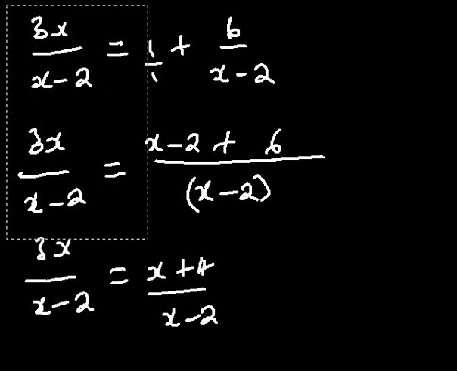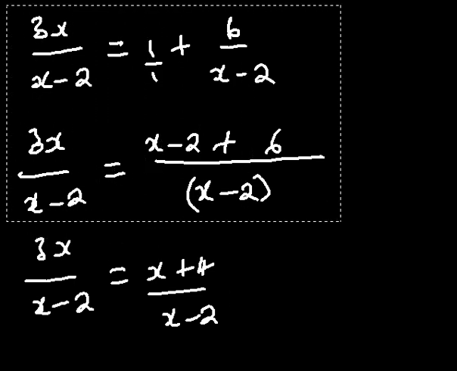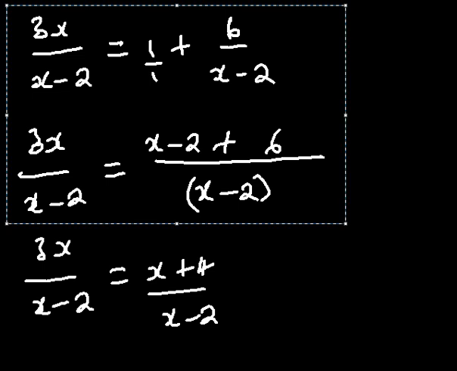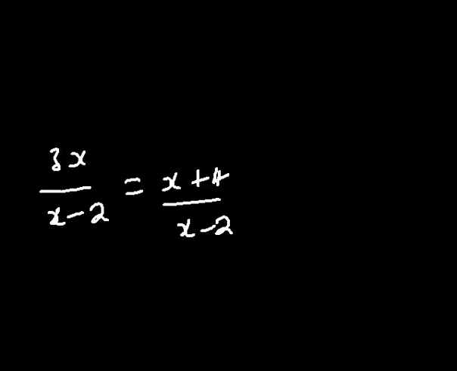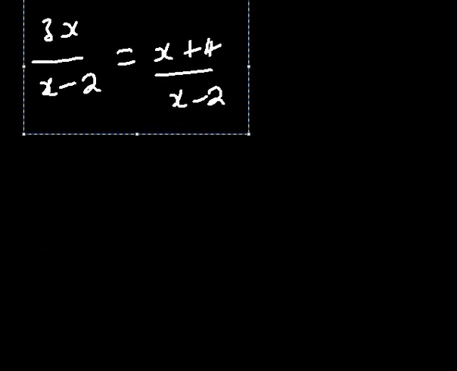And how should we proceed next? We can think of using the principle of cross multiplication, or the principle of the common denominator, whichever way. But let's use cross multiplication.